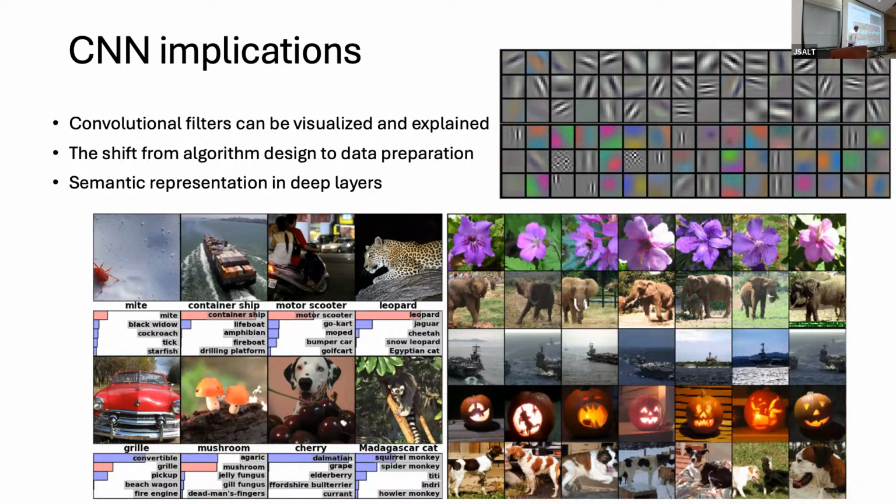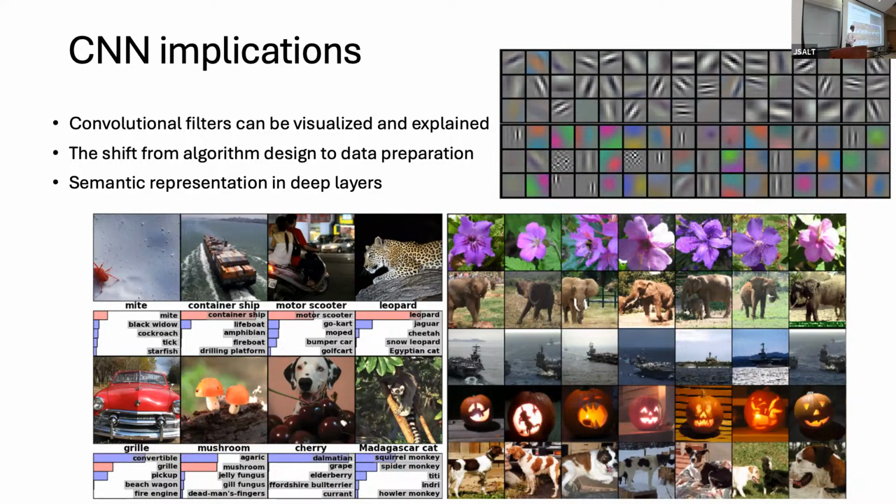For example, in this image, the network thought it is a convertible, but the human thought, no, that's a grill, so it's the front of the car. So the evaluation said the network doesn't work on this image, but in reality, is it true? I don't know.